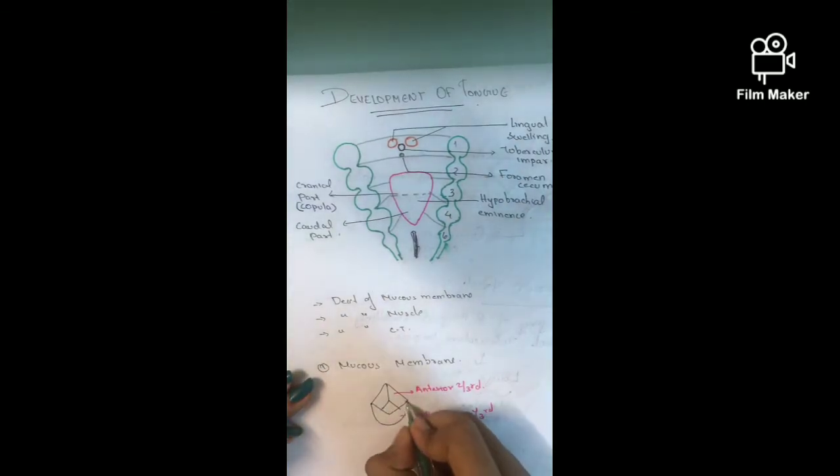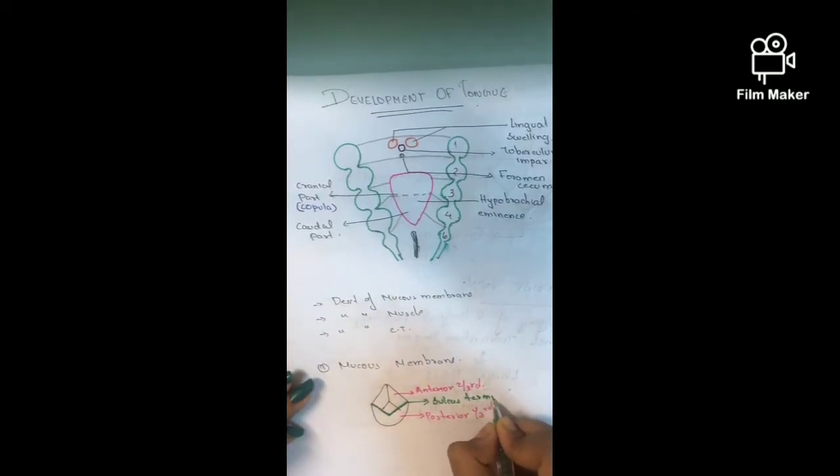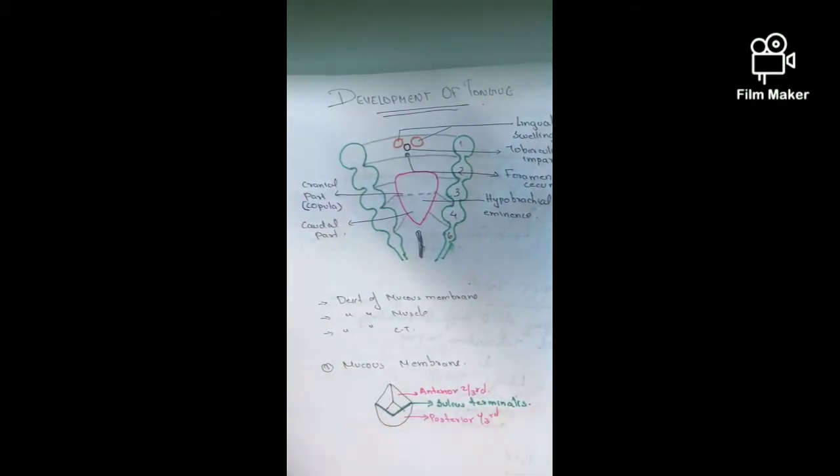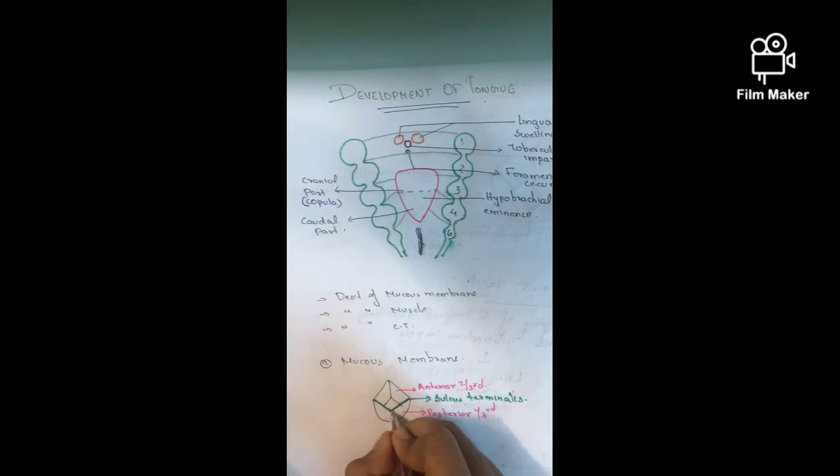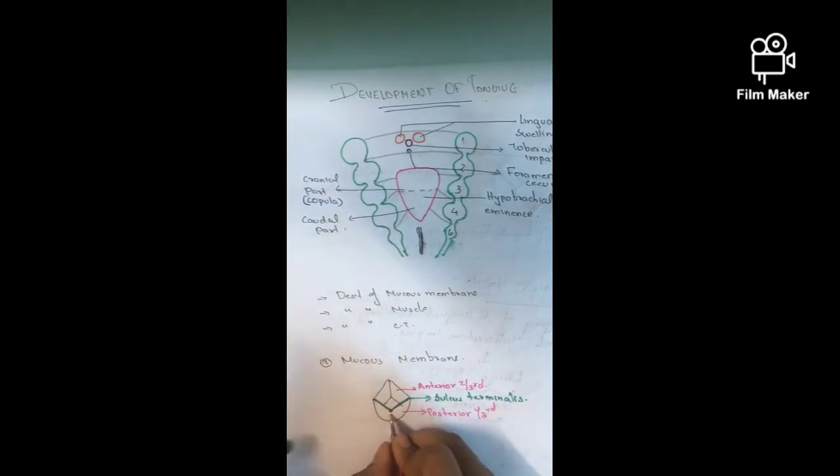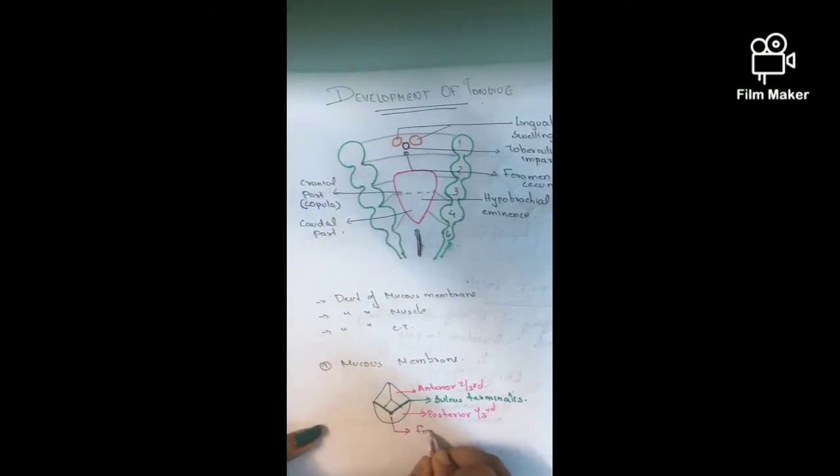This anterior and posterior portion is divided by a V-shaped boundary, and this V-shaped boundary is known as the sulcus terminalis. At the apex of the sulcus terminalis, we could see the foramen cecum.